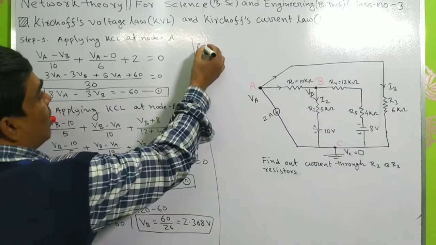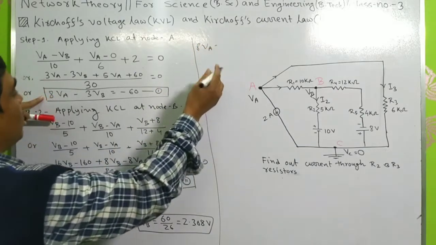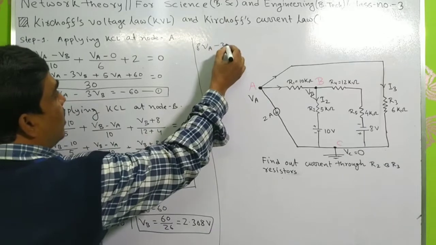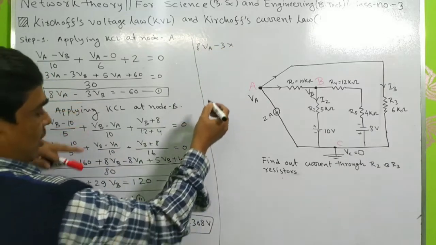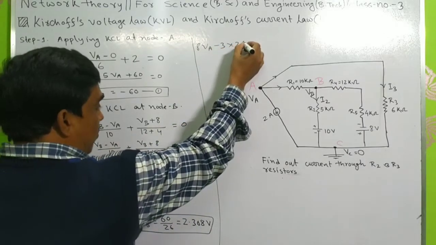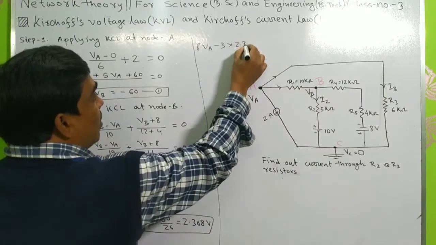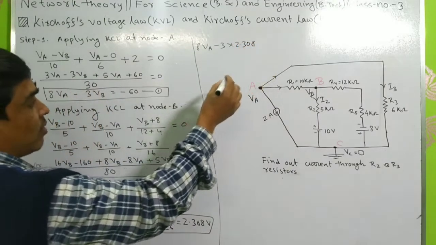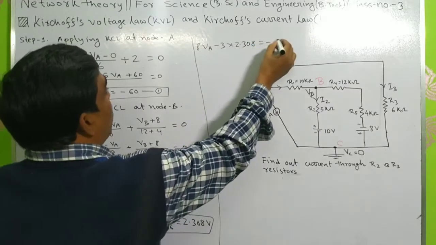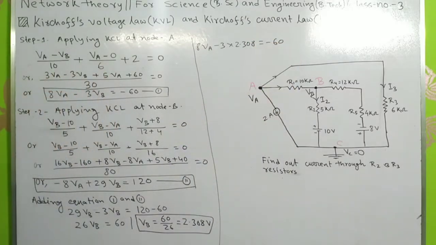It will be 8 VA minus 3 multiplied by 2.308 equals minus 60. Okay, minus 60.